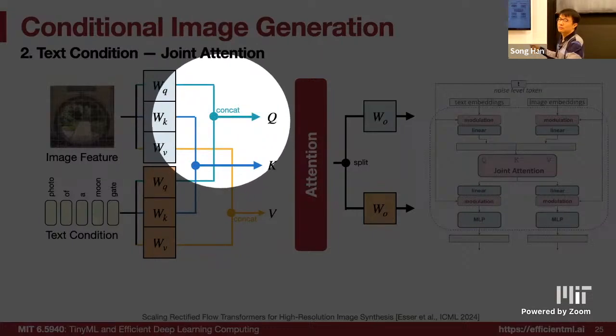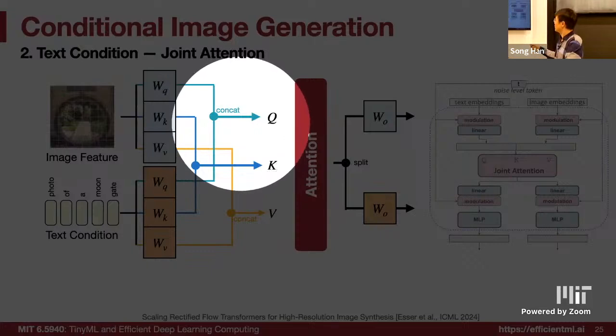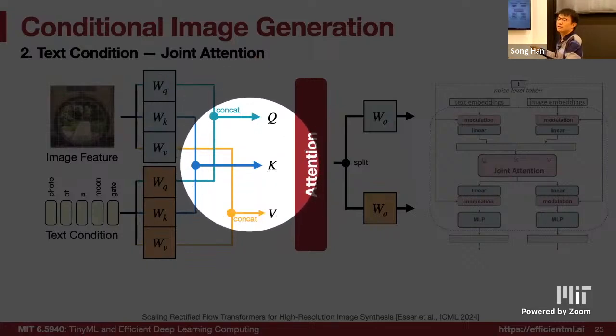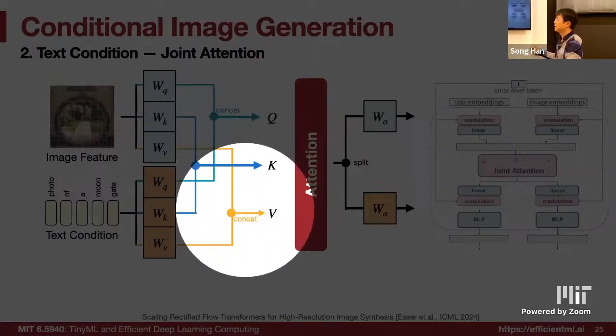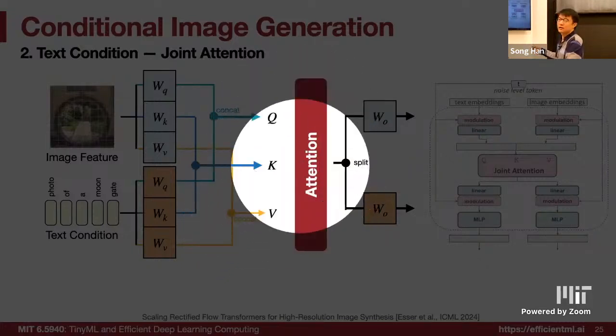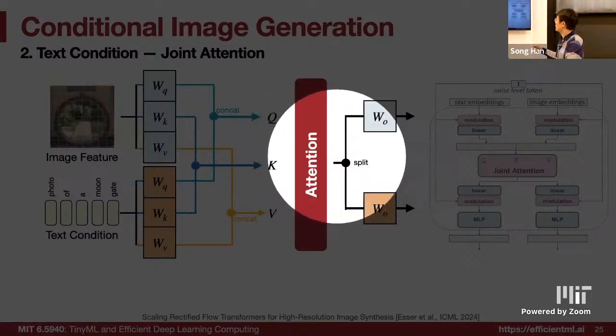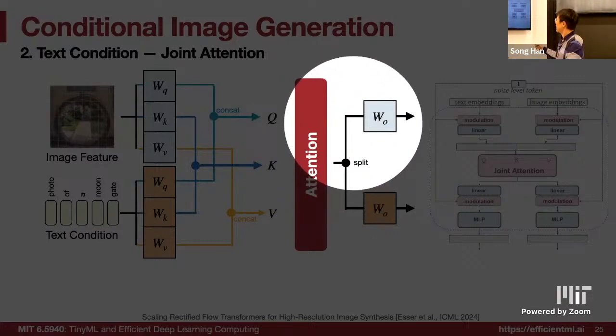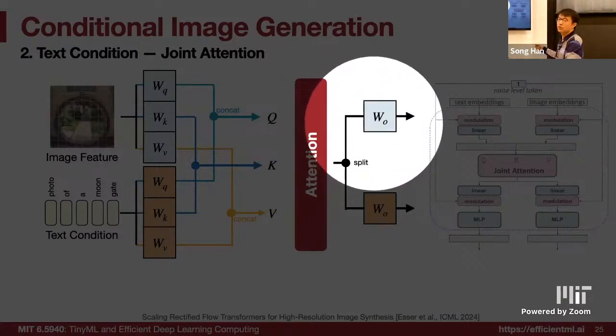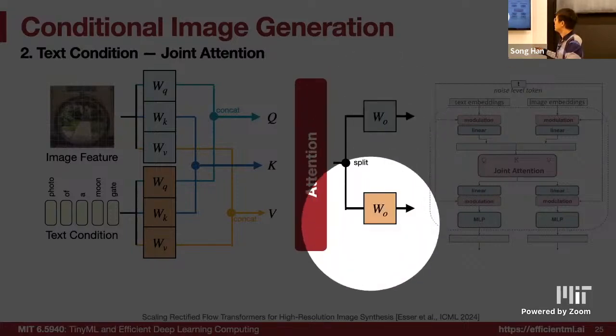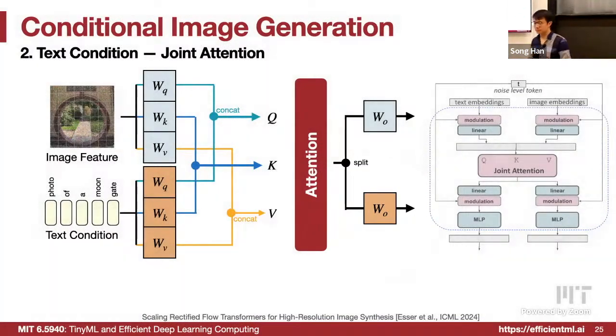We concatenate them together to get a combined image-text feature for the query, for the key, and for the value, and we feed them together to the attention. After we get the output, we split it by passing them through different output transformations. There's QKVO, for the O, we also have independent WO for the image feature and for the text feature.